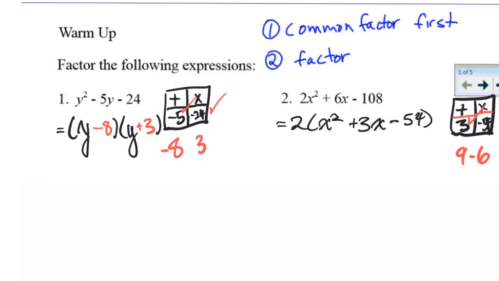So our factorization becomes 2, x and x again, plus 9 and minus 6. Now let's move on to the last problem of the day.